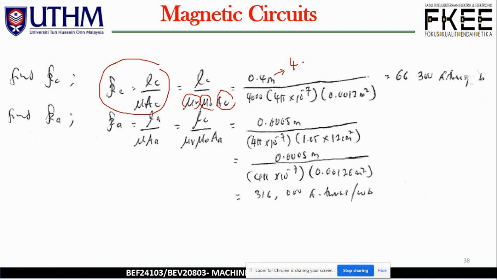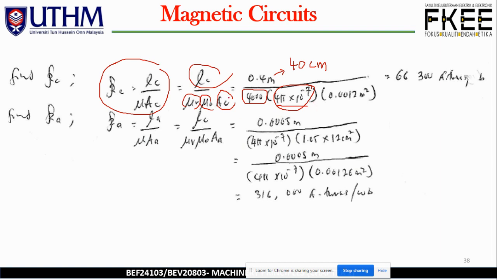This is from 40 centimeters, the mean path length LC, over mu R, the relative permeability of the core, provided in the question as 4000. This is a fixed constant. We have mu naught, which is 4 pi multiplied by 10 to the power of negative 7. This is fixed for mu naught all the time.